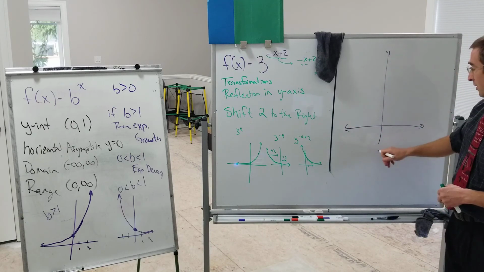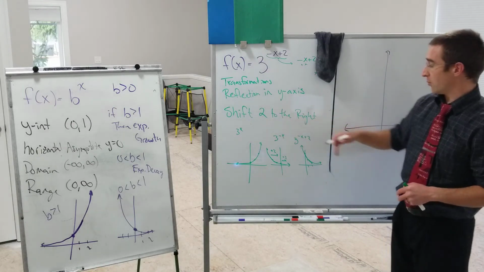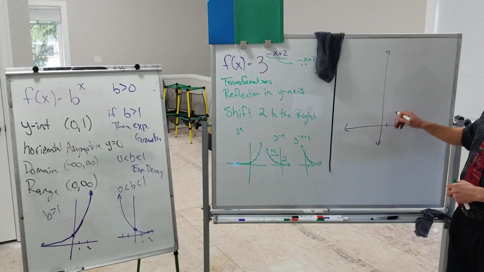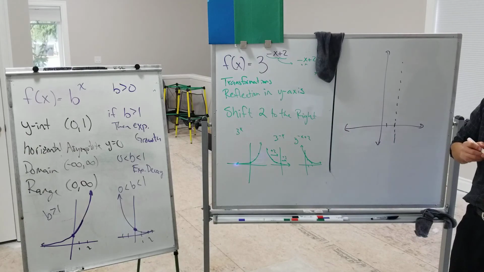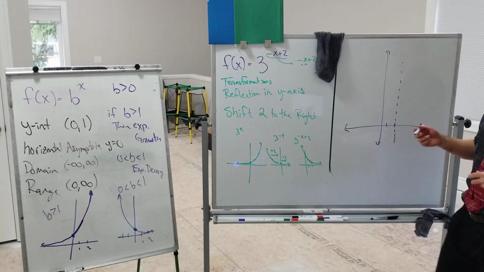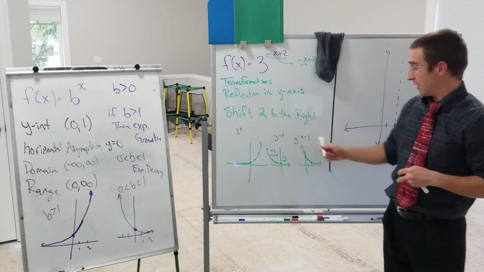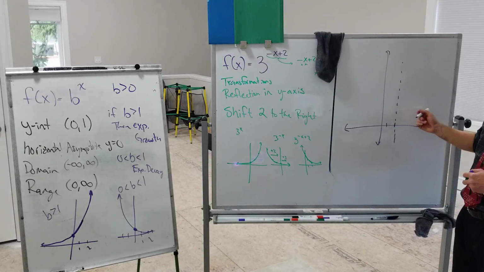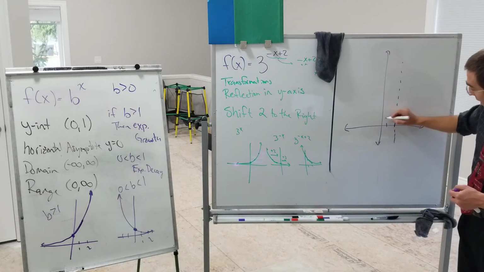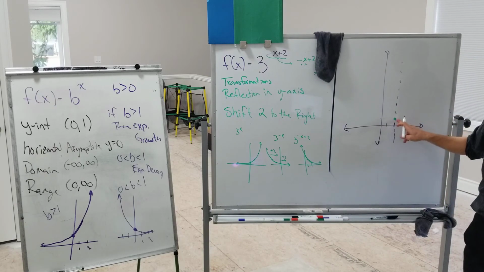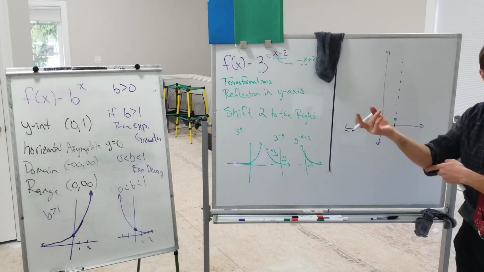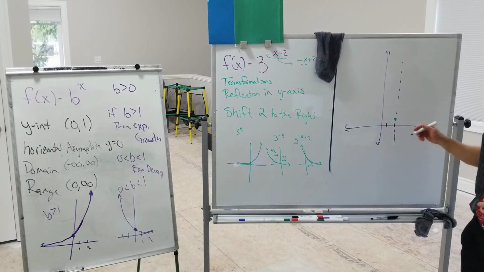The other thing you can do is say, hey, we shifted it right 2, so let's just pretend this is our new y-axis. Well, let's graph 3 to the negative x here. Well, 3 to the negative x is going to have a y-intercept at 0, 1. The y value is going to be 1 away from our asymptote.